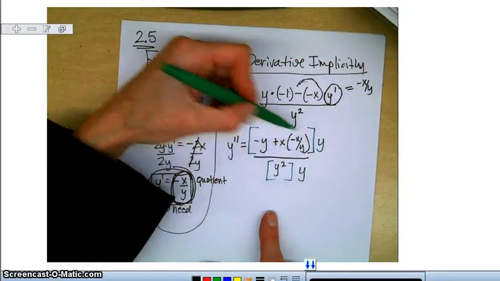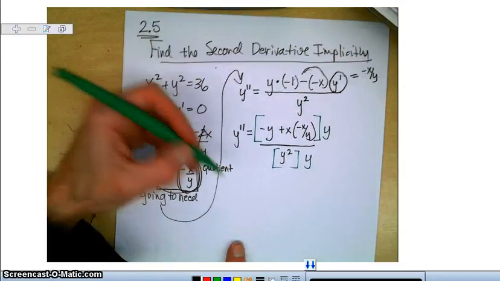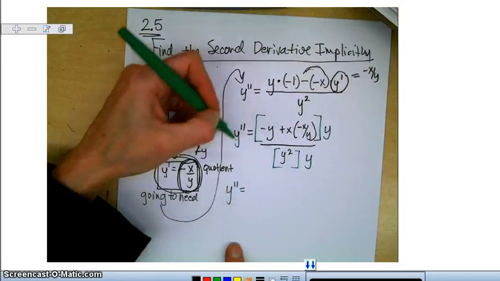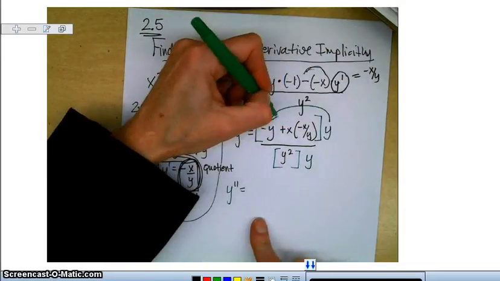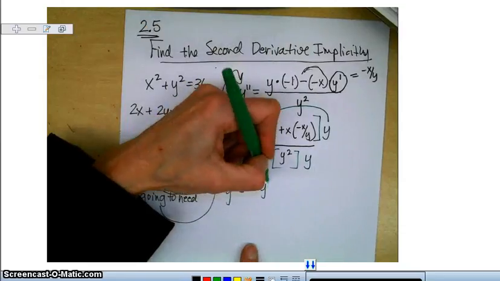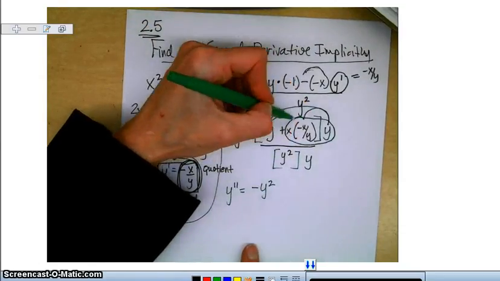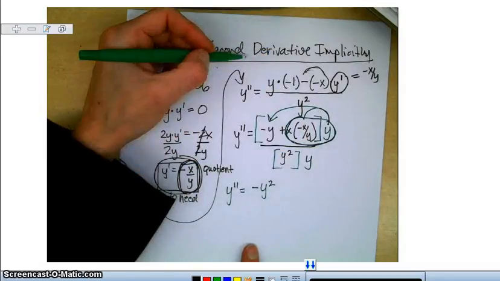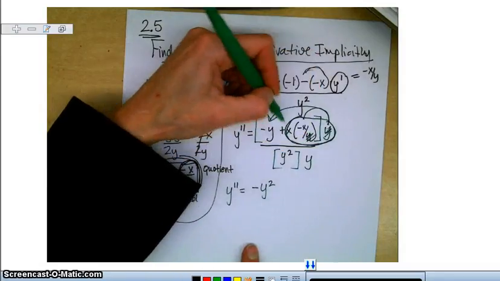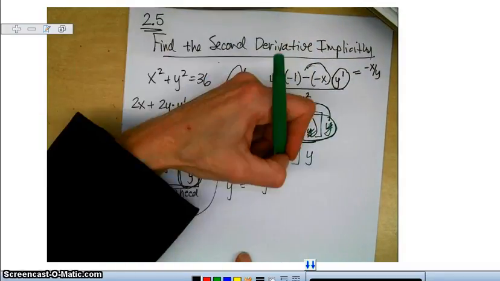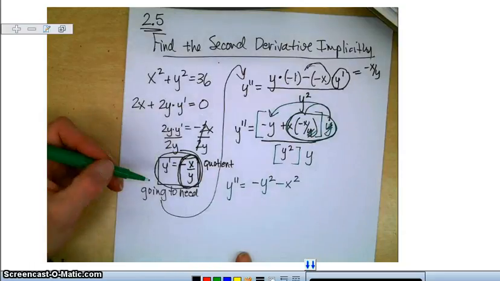So if I multiply the top by y, what property do I have to use? Distributive. What's y times negative y? Negative y squared. And what's y times that whole mess right there? What cancels? The y's cancel, and I have what? Minus x squared. See how that worked out nice?